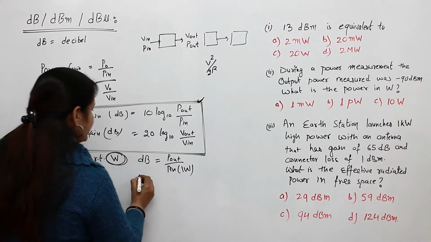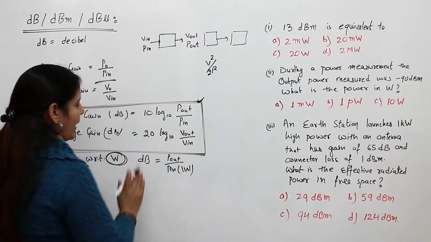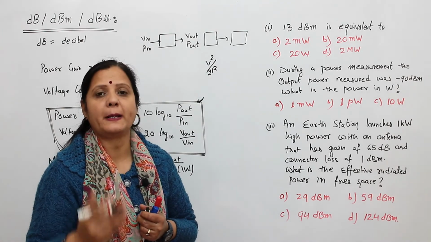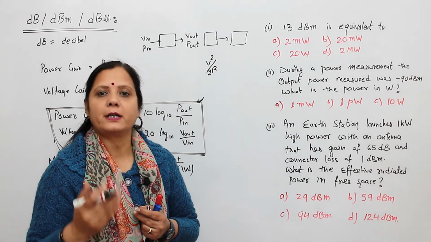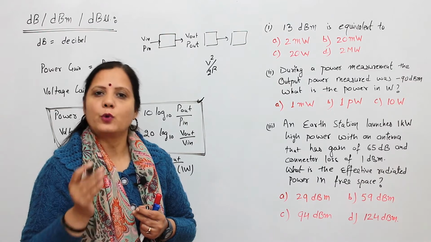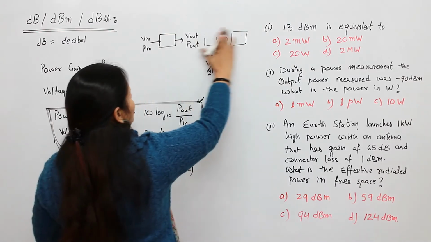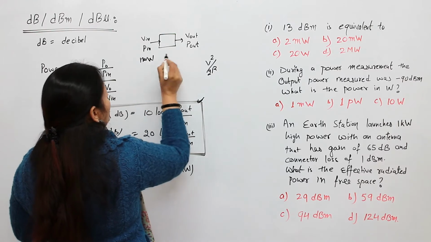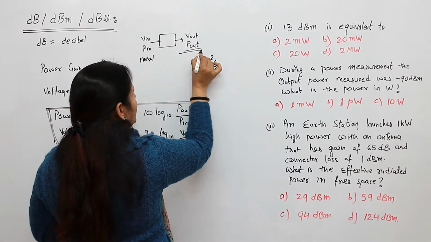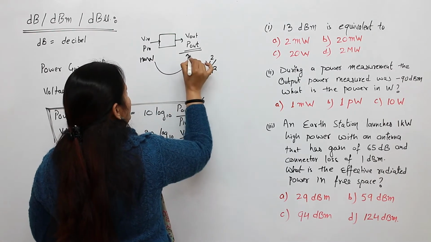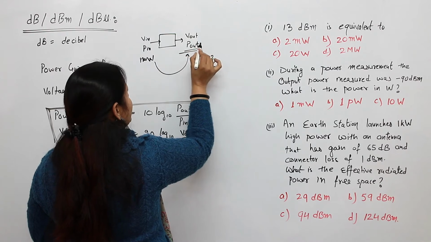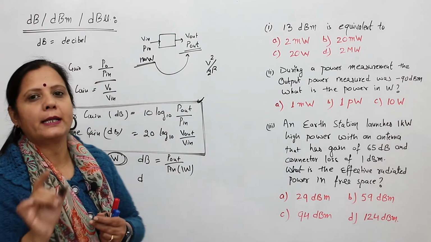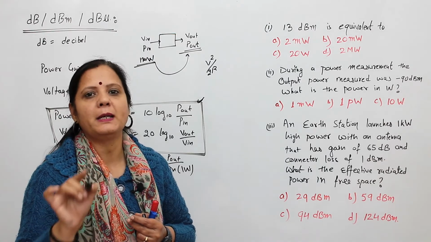In the next step, when you are measuring your output power with respect to an input power of 1 milliwatt, if you consider that this system is fed with 1 milliwatt and you are getting P output, how many times your P output has increased when input power is 1 milliwatt, this particular gain will be defined in dBm.